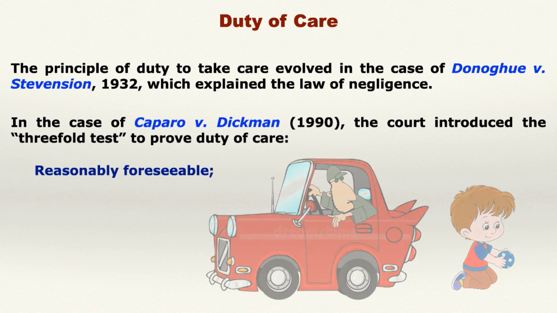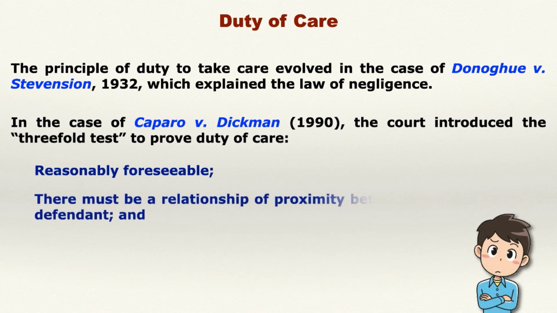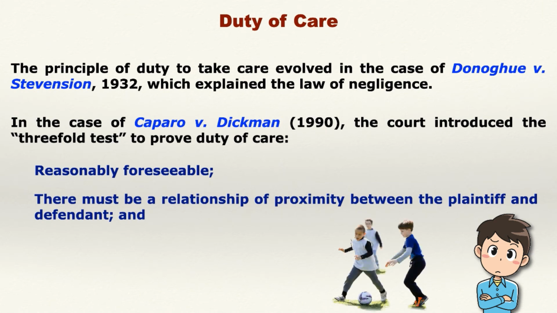The next one is there must be a relationship of proximity between the plaintiff and defendant. So what does it mean? This is talking about a sort of relationship. I give you another example in order to understand this. See, in a parking lot, a few boys are playing ball.